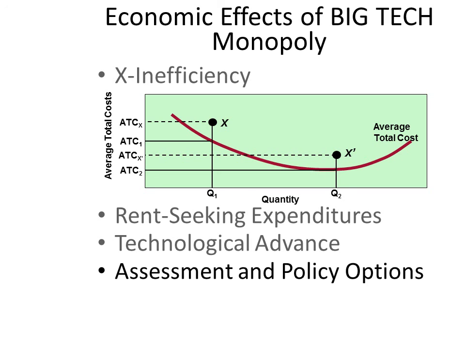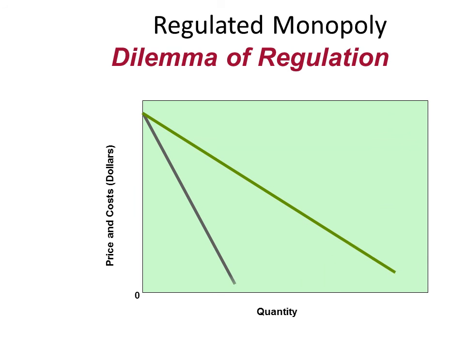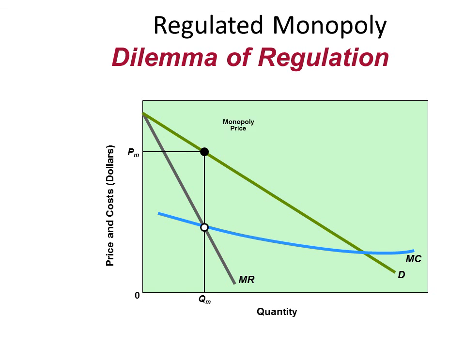On the remaining graph, we will look at assessment and policy options to address this situation. The final piece of our presentation is what's called the dilemma of regulation. So, we've already identified the idea that in a monopoly, the one firm which dominates the industry can charge a price higher than what is available in a competitive market.